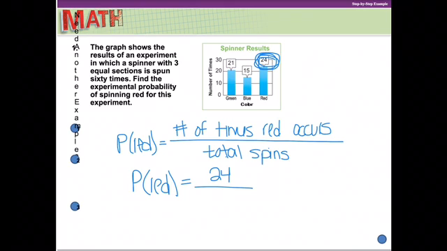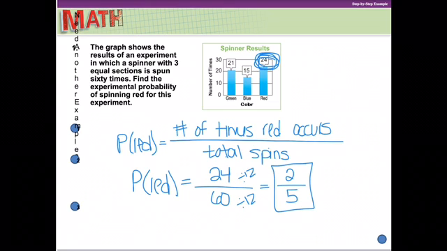So if we just add all three of those together, we know how many times they spun the spinner, which would be 60. Now we can simplify this by dividing by 12 in the numerator and the denominator, getting 2/5. So our experimental probability for this event is 2/5.